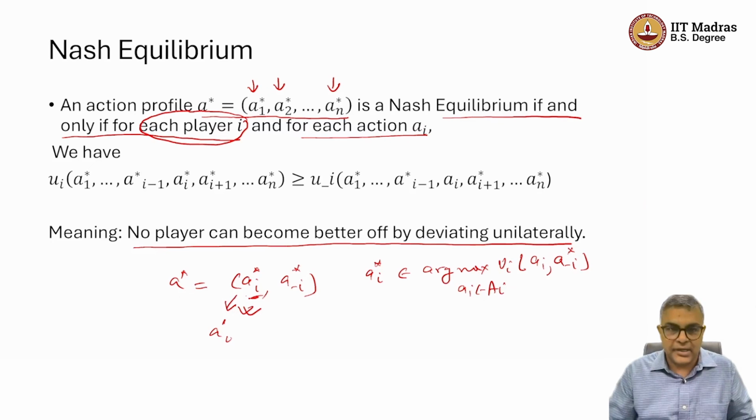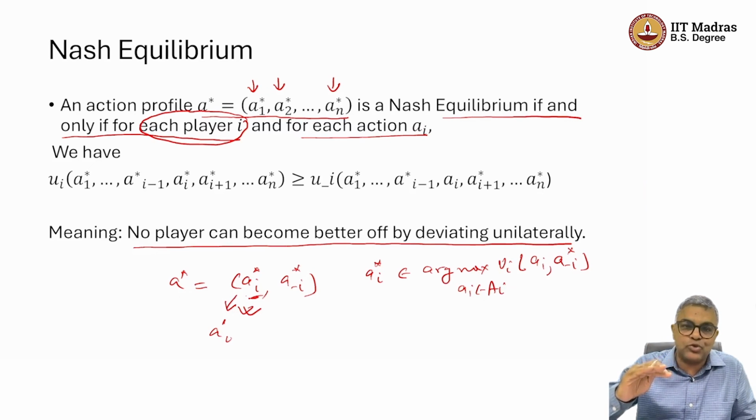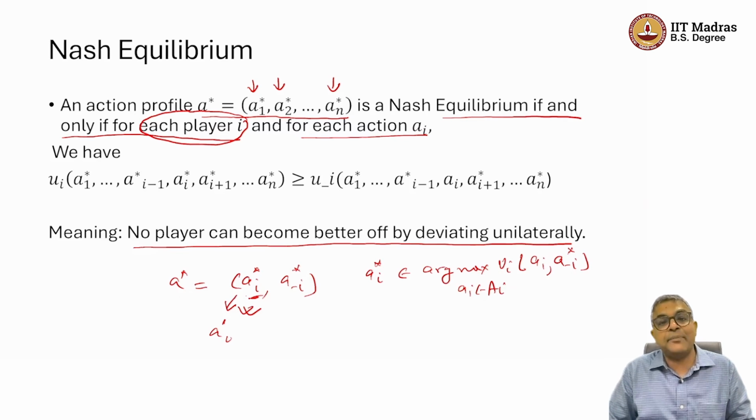So the requirement to change your behavior is quite stringent. You would change your behavior only if you get more. Even if you are getting the same, you would not like to change your behavior. So that's what we say: no player can become better off by deviating unilaterally. That's the requirement for Nash equilibrium.